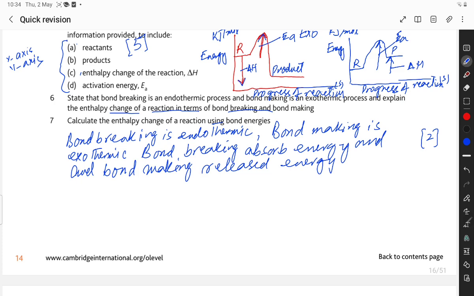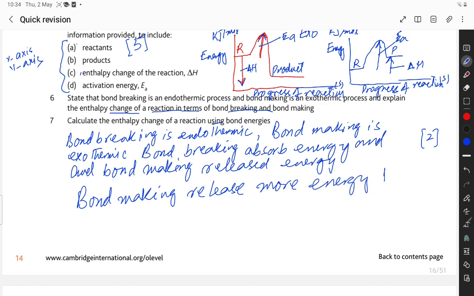In case of an exothermic reaction, write why the reaction is exothermic: bond making releases more energy than the heat absorbed in bond breaking.